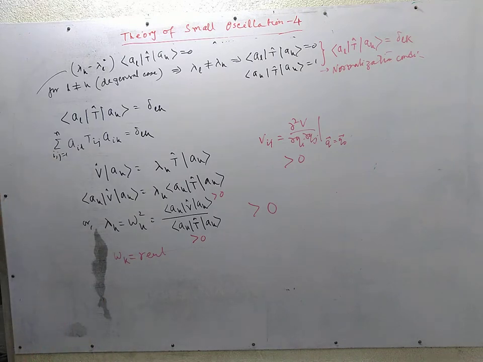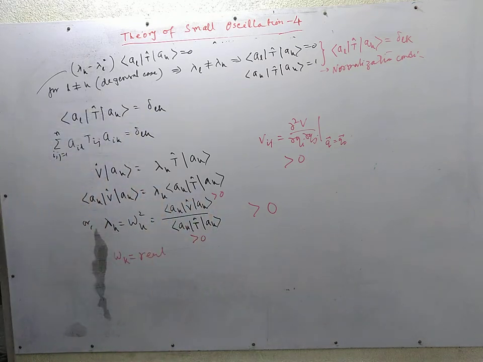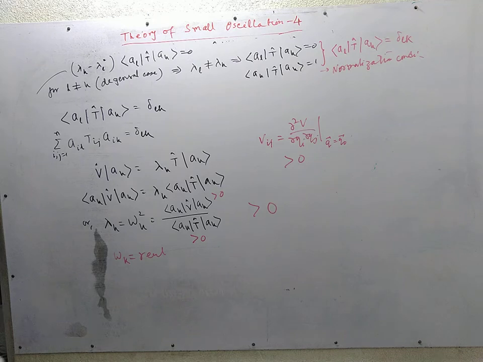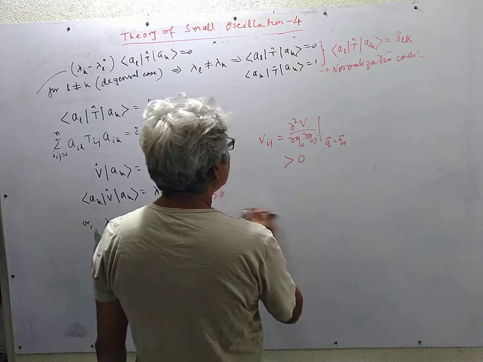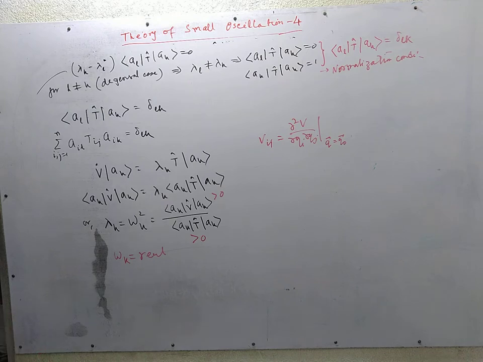Let me summarize what we have. First, we proved that omega_k square is real. Then we obtained a relation which gives us the value of omega_k square, and we have shown that omega_k square is positive, that is omega_k is real, which indeed ensures that the oscillation persists.